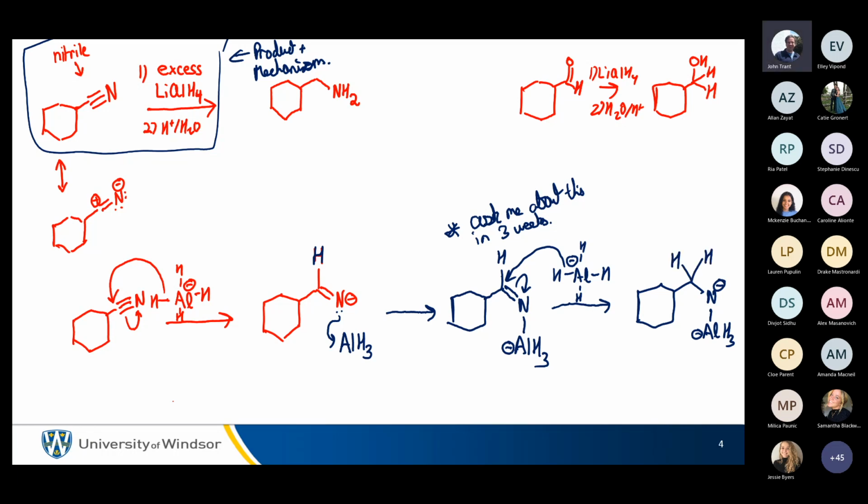So we've now added 2 equivalents of hydride from the aluminum, 2 different versions of the aluminum.